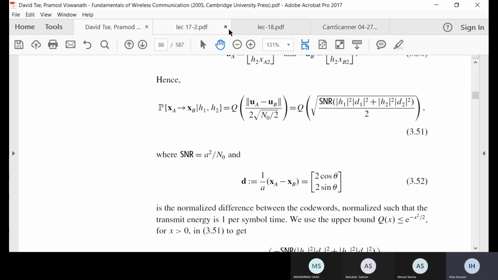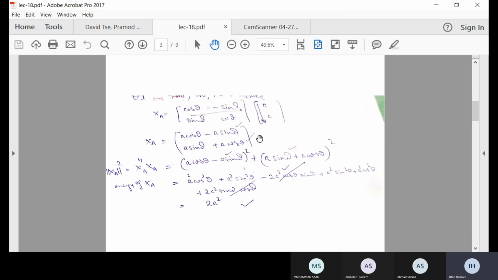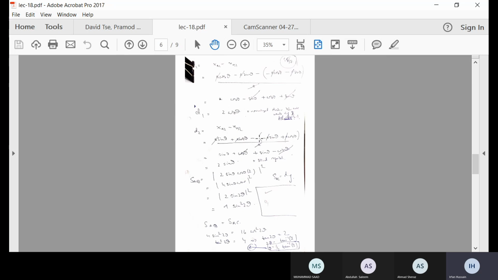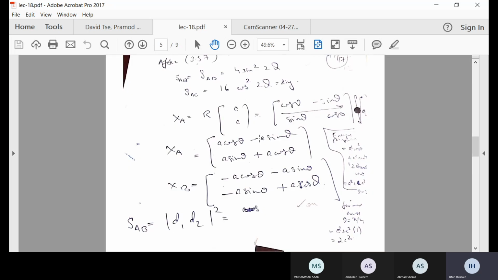So you can get your XA like this. All right. Similarly, you can get your XB.